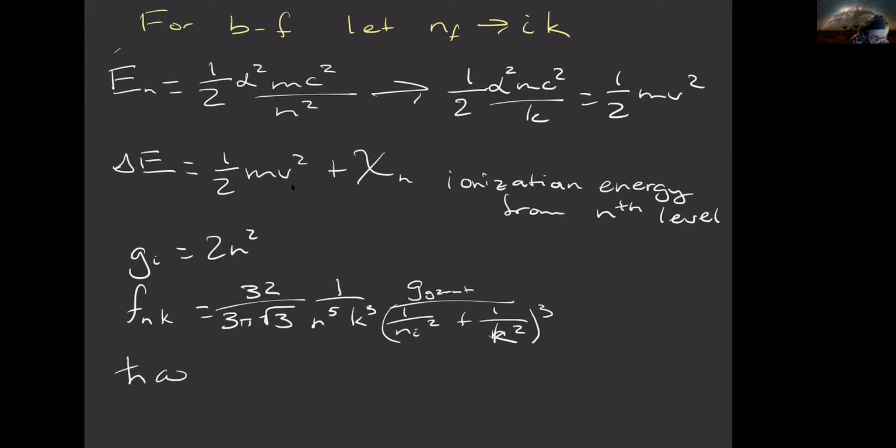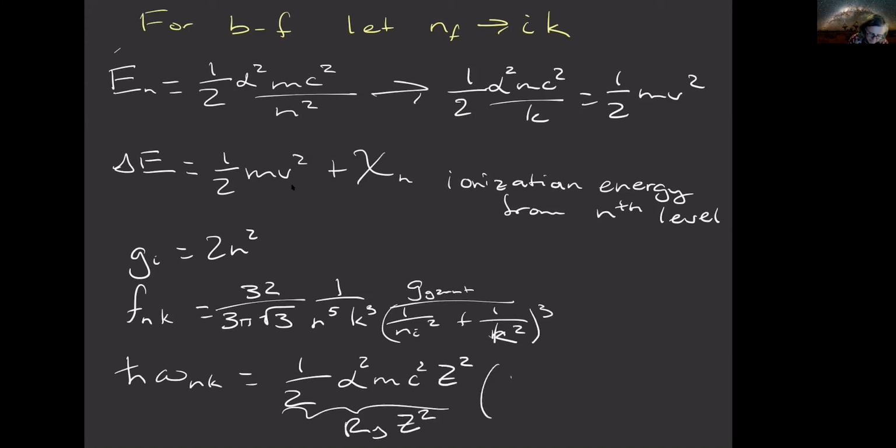We can go from there to defining the angular frequency, and that's 1/2 alpha squared mc squared z squared, where this quantity here is just the Rydberg constant times z squared over 1 over n squared plus 1 over k squared.